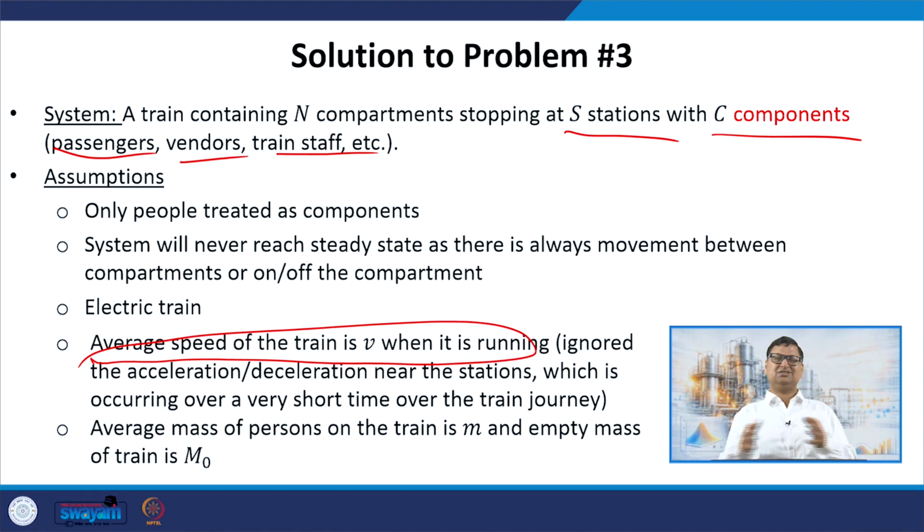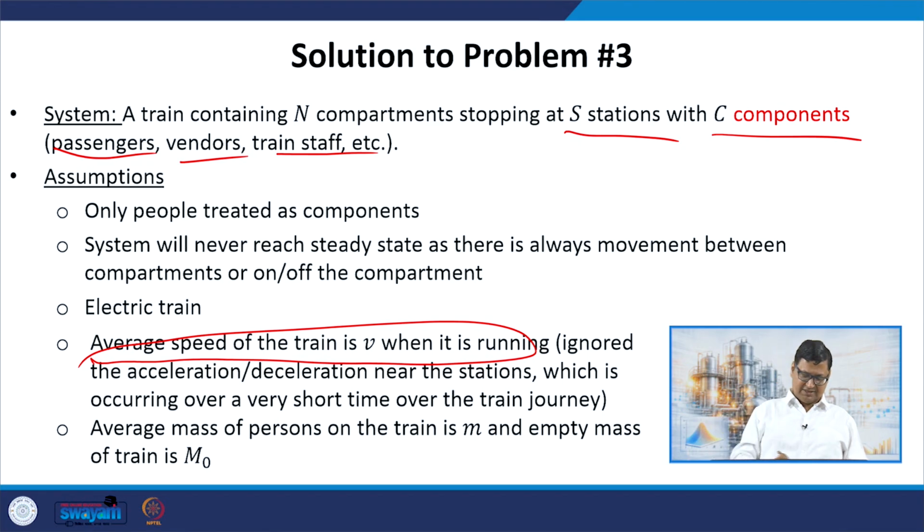But if you look at a longer run, we can say there is some average speed between the two. In fact, the speed may also vary when it is running, depending on the mood of the driver or whatever traffic restrictions are imposed by the authority. But nonetheless, you can imagine that there is some average speed, and I can ignore the effect of acceleration and deceleration.